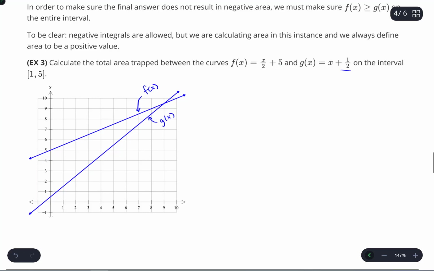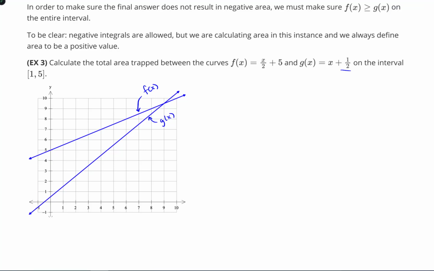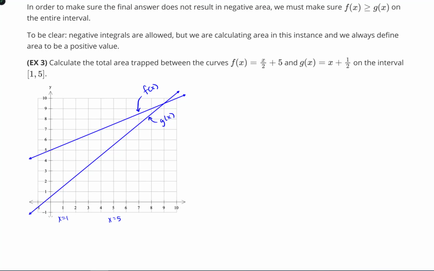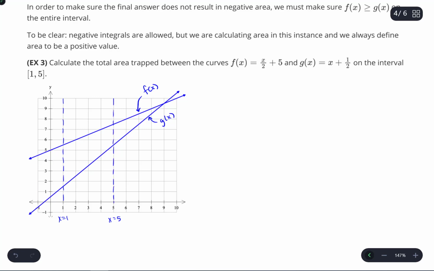All right, so what I'm looking for is on the interval of the x-axis from 1 to 5. That's going to be from here to here, which gives me a left and right bound. And those are straight vertical lines. And I'm looking for the area that's trapped between those things, which is this region right through here.